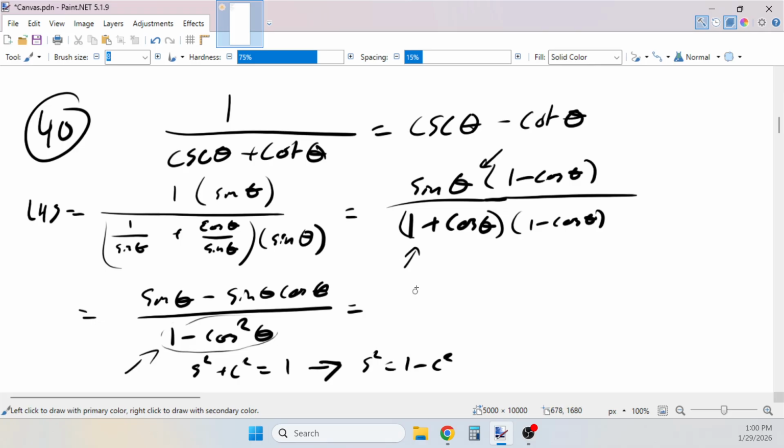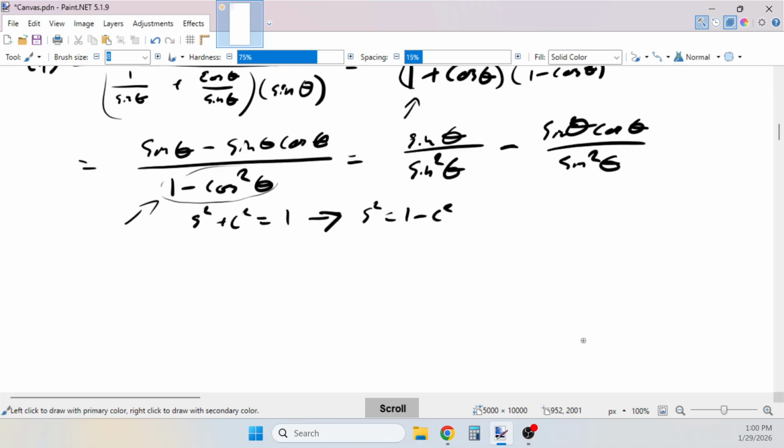That becomes sine squared theta. I'm going to split the fraction up: sine theta over sine squared theta minus sine theta cosine theta over sine squared theta. And that, I'm going to cancel a sine from the numerator and denominator. That gives me 1 over sine theta minus, cancel a sine from the numerator and denominator, cosine theta over sine theta.